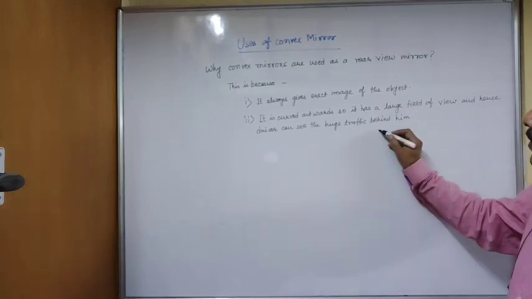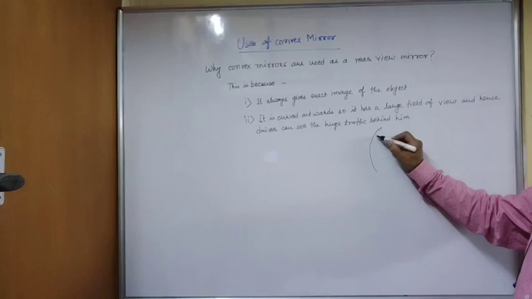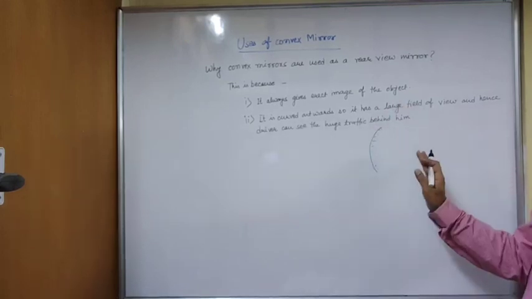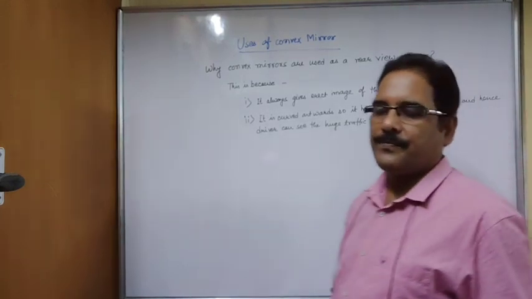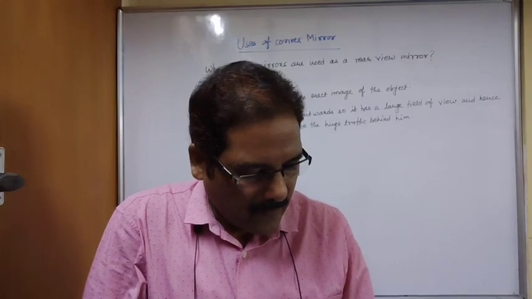You know, the convex mirror, the reflecting surface is curved outwards like this. So if it is curved outwards, it has a large field of view, and hence the driver can see the huge traffic behind him, and it is easy to drive. So due to these reasons, convex mirrors are used.